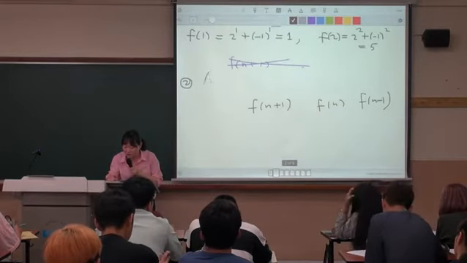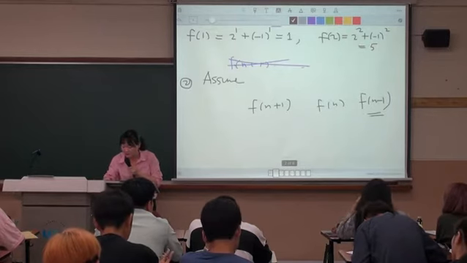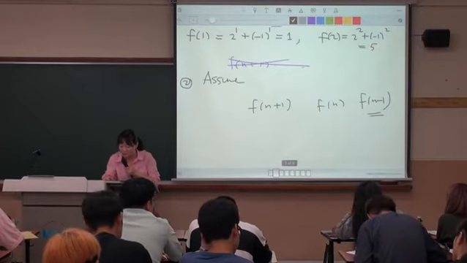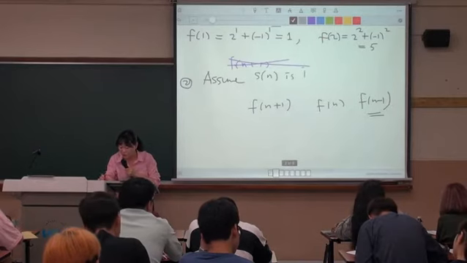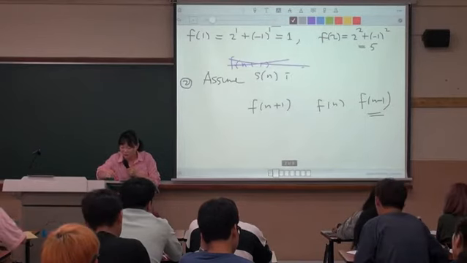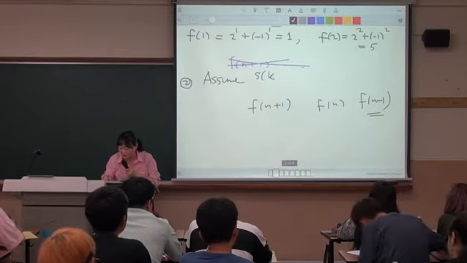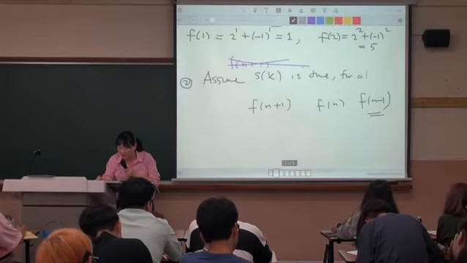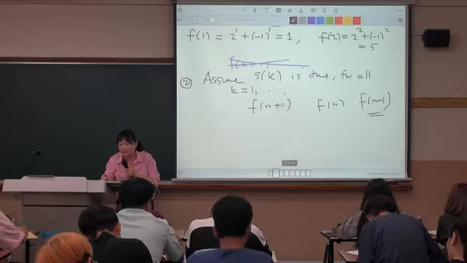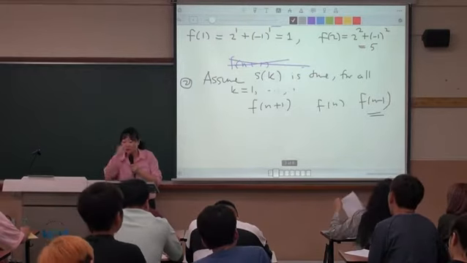So we will assume, because this has n minus 1 in there, we can assume Sk is true for all k. From 1 up to where?